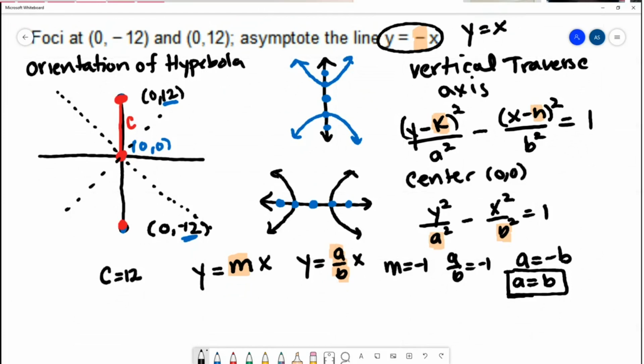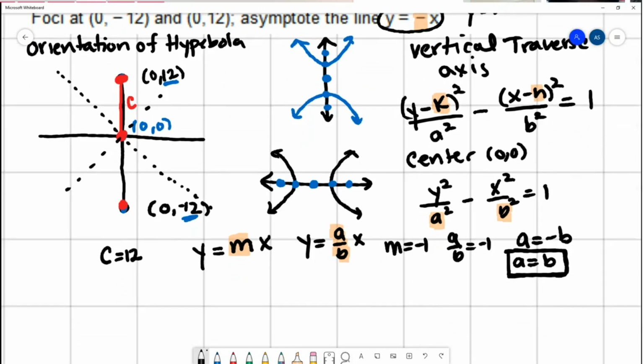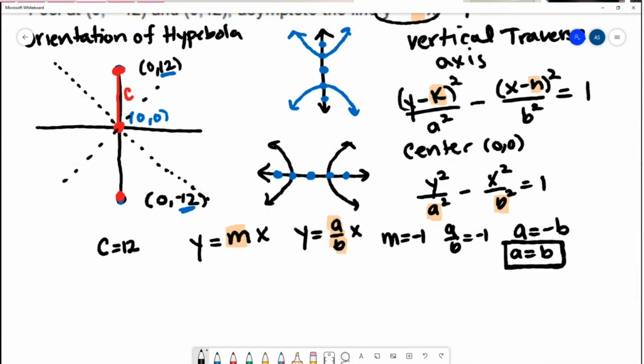Now, I know that a is equal to b, but that doesn't tell me what a and b are. So I'm going to use that Pythagorean theorem that we talked about earlier: a squared plus b squared equals c squared. I've already found that c is equal to 12, and I've just found that a and b are equal to each other. So I'll write 12 squared, and instead of writing a squared plus b squared, I'm going to write a squared plus a squared.